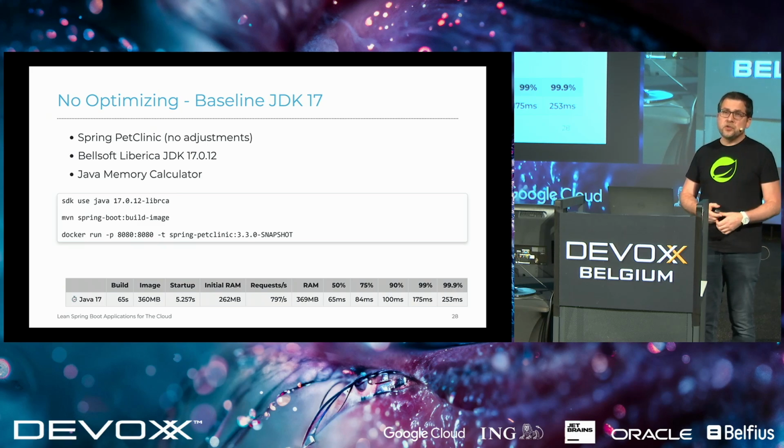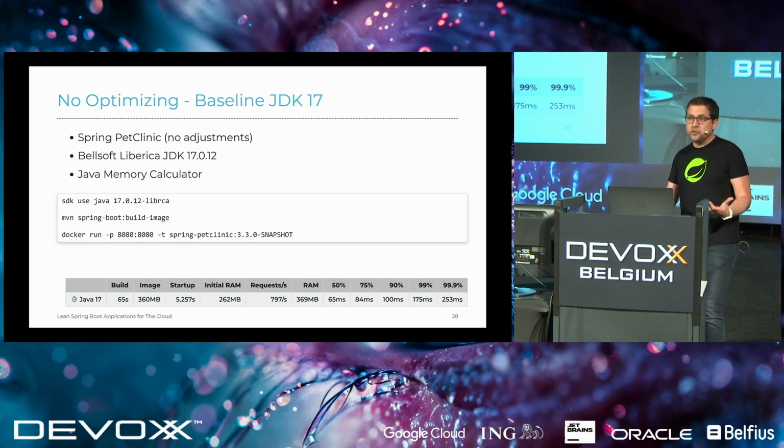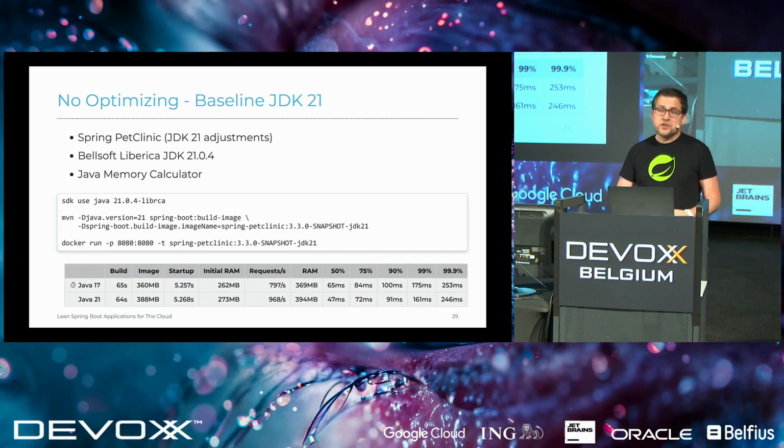So what are you going to do next? We want to check maybe your Java version. How would that look? These days you would go with Java 21 because that's the next LTS version. So I'm changing the project to run with Java 21 and I create the container. You see the build time is kind of similar.